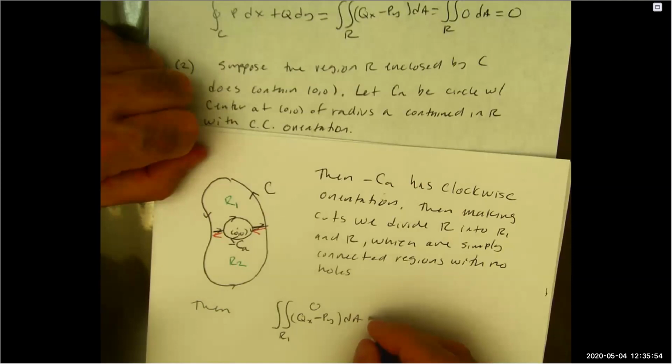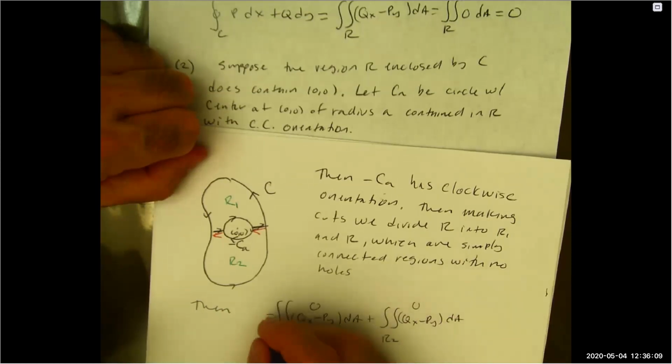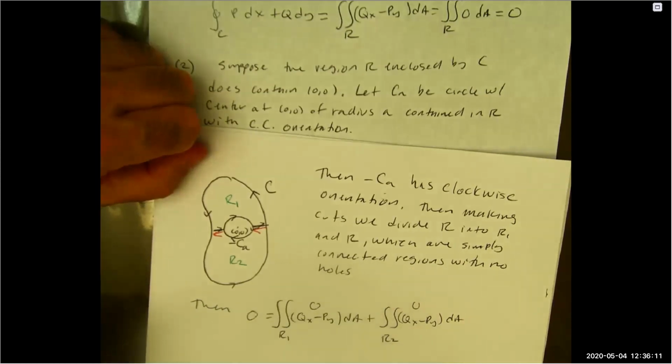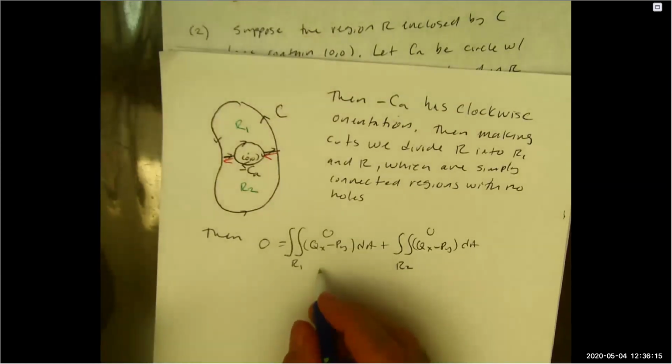And then also the double integral over R2 of Qx minus Py is again 0. And so the whole sum is equal to 0. And so on each one of these, now we're going to use Green's theorem.